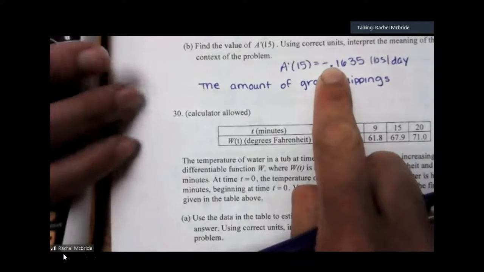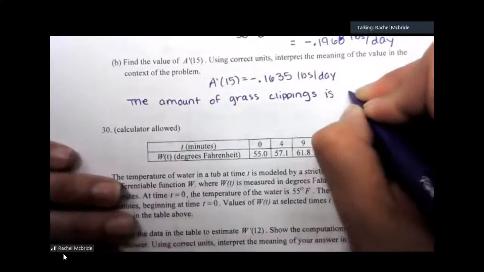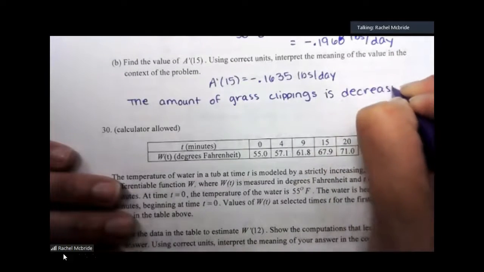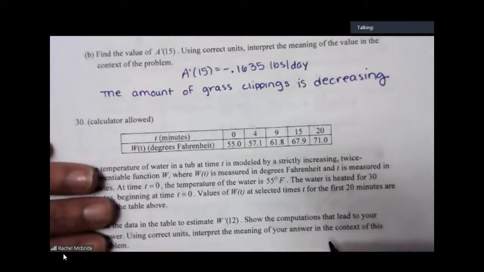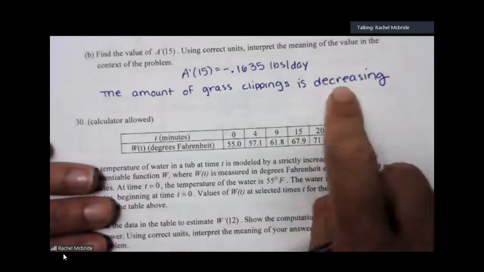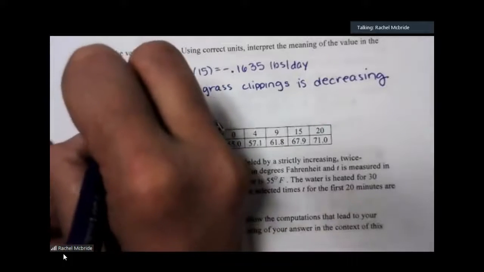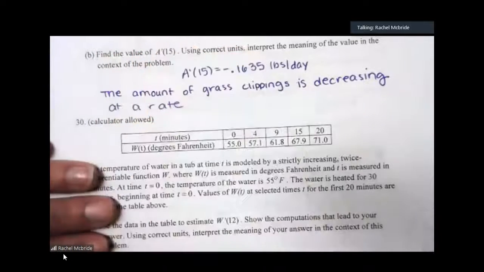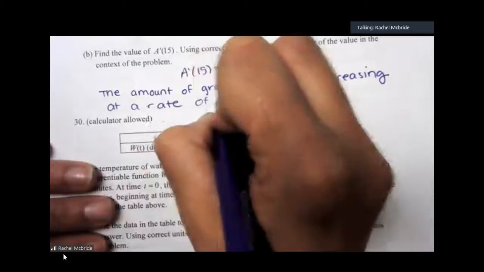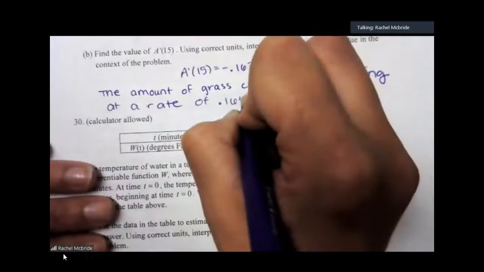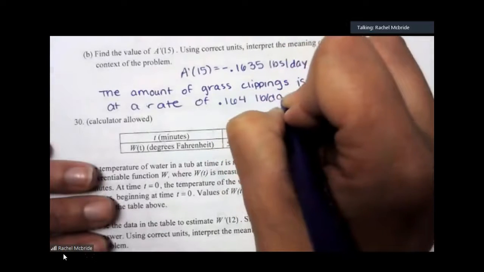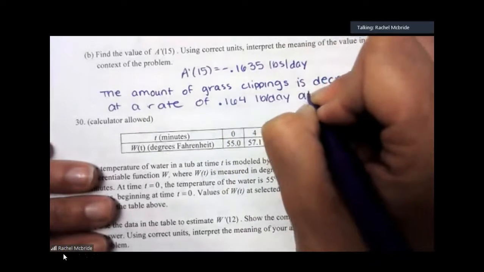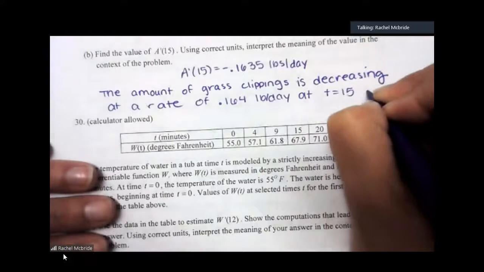Well, it's negative. Therefore, they're decreasing. So the amount of grass clippings is decreasing. Now, the minute I write the word decreasing, I cannot include the negative in my description. So the amount of grass clippings is decreasing at a rate of 0.164 pounds per day at t equals 15 days.